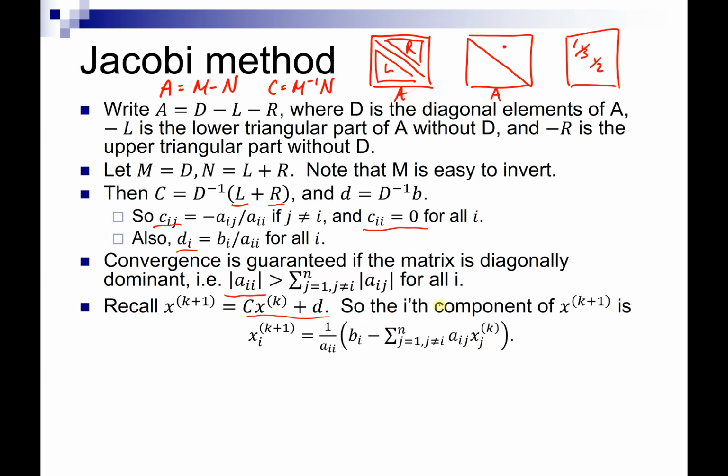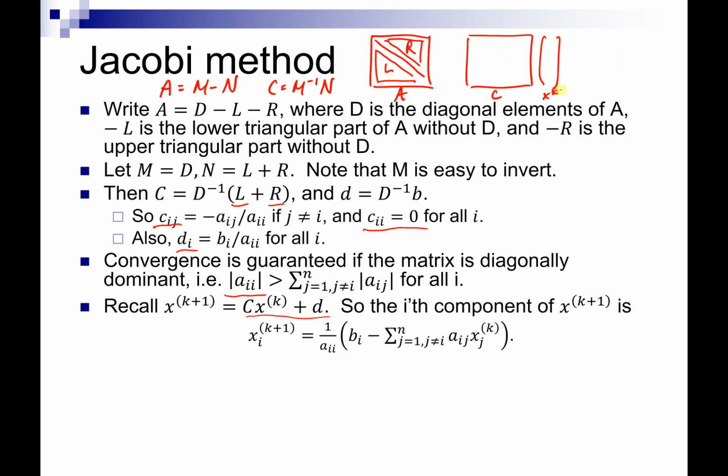In particular, if you look at x of k plus 1 and you look at the ith component of that, how do I represent this? Let's say that this is our C matrix over here. Let's erase all this other stuff. Then you need to multiply it by this x of k.